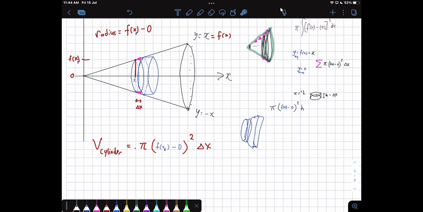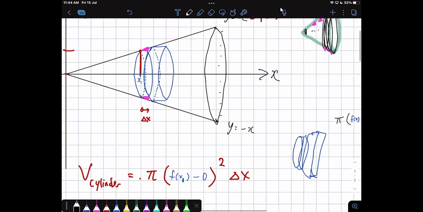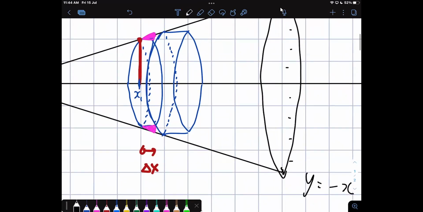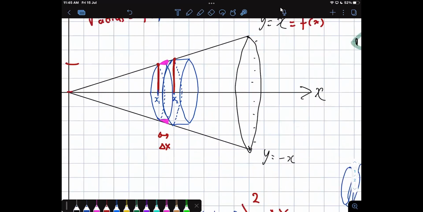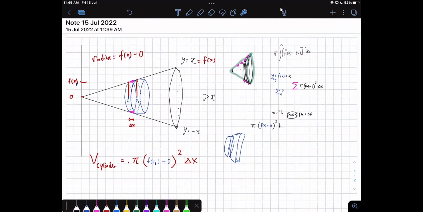In this case, let's say over here, maybe I should zoom in. If this guy over here is my x2, then what will be the radius over here? Let's call it cylinder 1. That was cylinder 1.